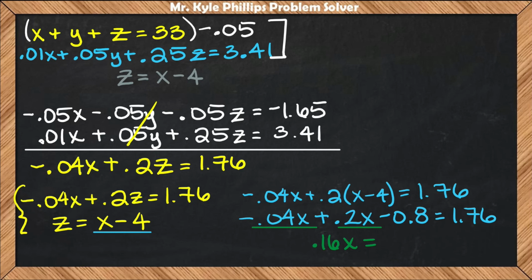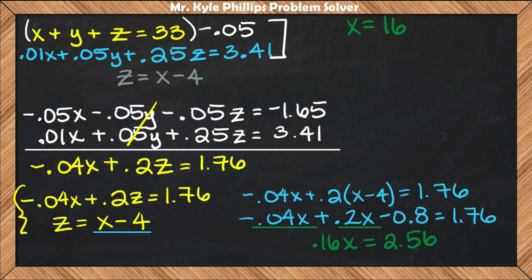So I'll say 1.76 plus 0.8, and that's going to give me 2.56. So now I can say 2.56 divided by 0.16, and that's going to give me 16. So here we know that x equals 16. So there are going to be 16 pennies.